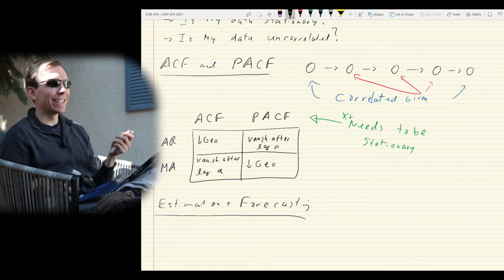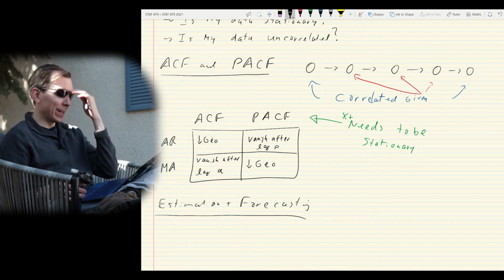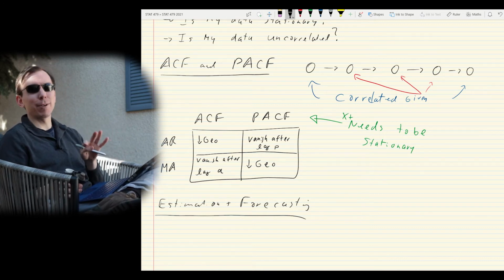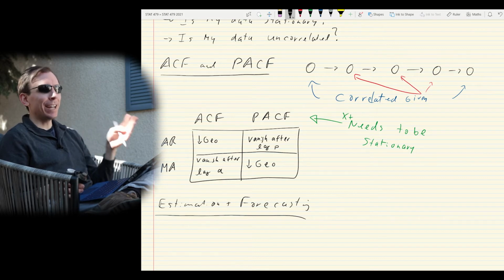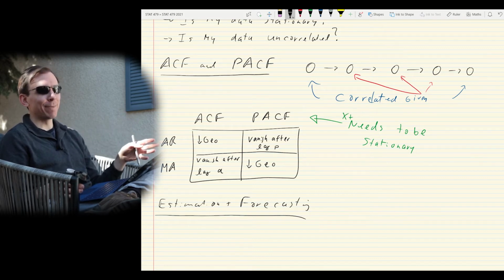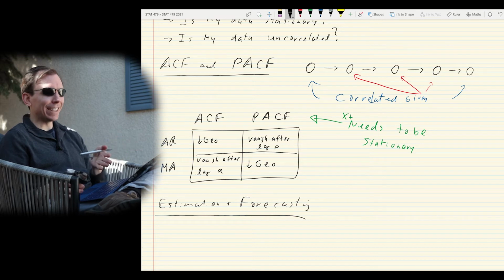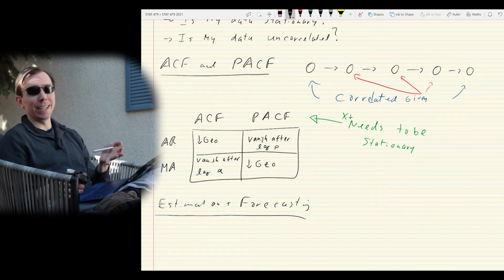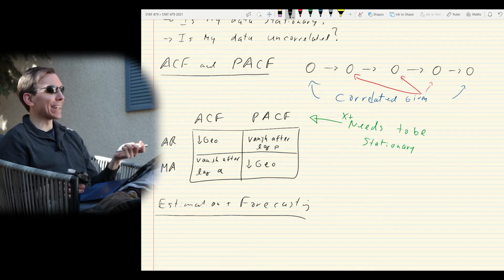Sure, we can look at it and try to sort out what's going on, but ultimately we want to estimate parameters for a model, and we want to forecast, because if you're watching something evolve over time, you don't just care about where it started, but where it's going in the future. I can't almost imagine any time series setting where you wouldn't be interested in forecasting.